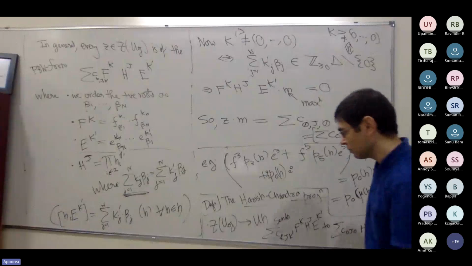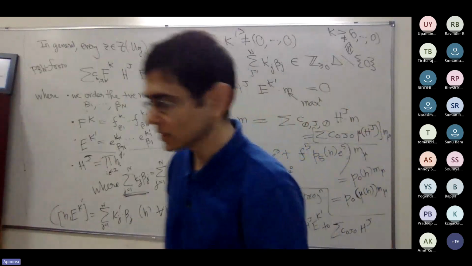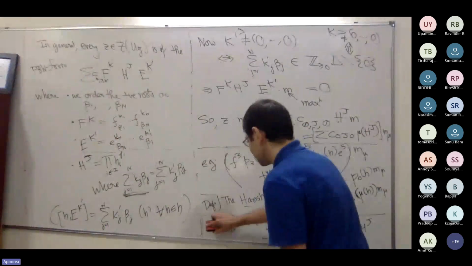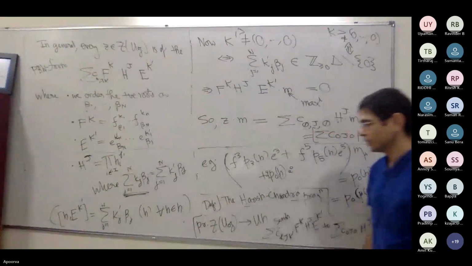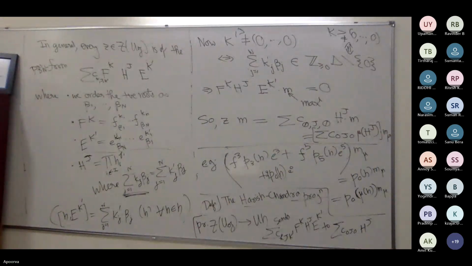Let's give this map a name. Following Humphreys, who calls it PR, we will call it PR. Okay, great.